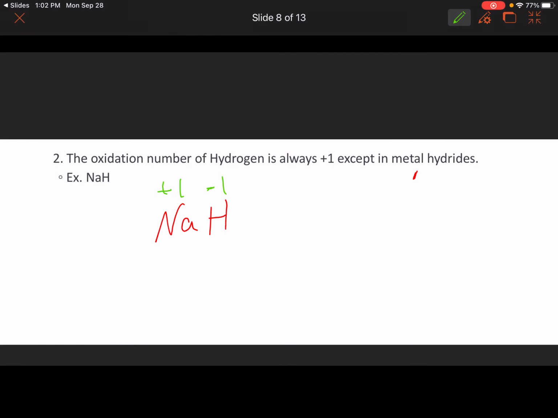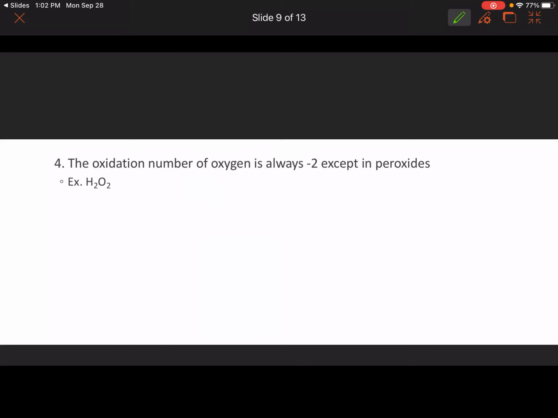I'm just going to write the oxidation numbers on top, which is common for figuring them out, and we'll talk more about that as we go. Now, the oxidation number for oxygen is always going to be -2, except in peroxides. So we've got H2O2. I'm just going to recopy it here.